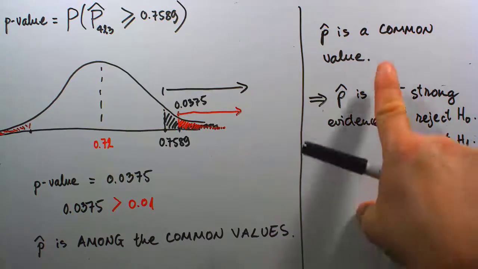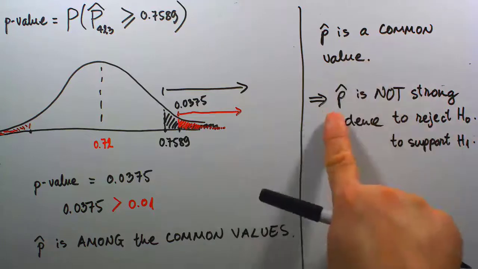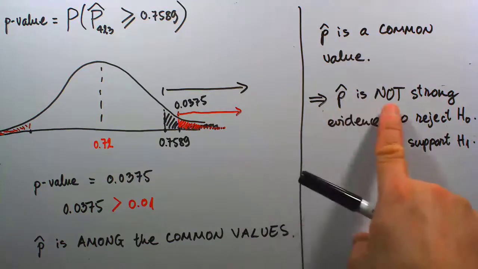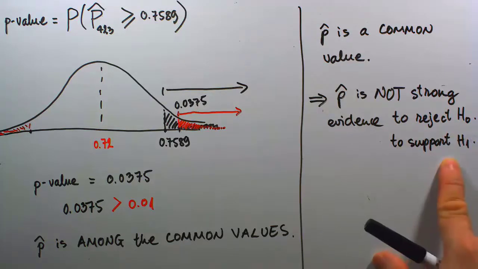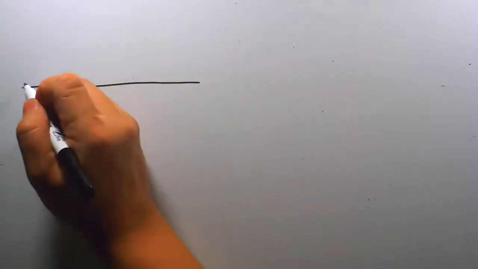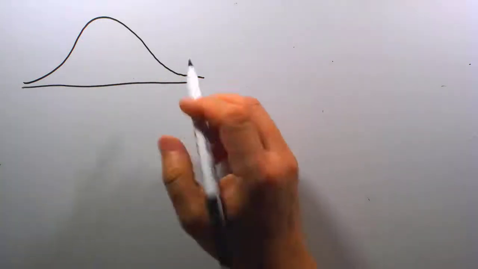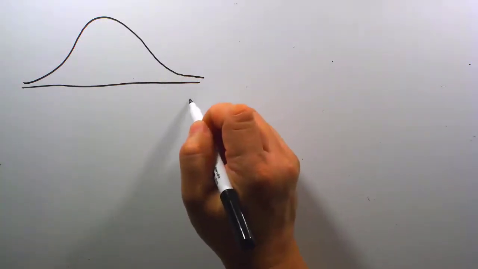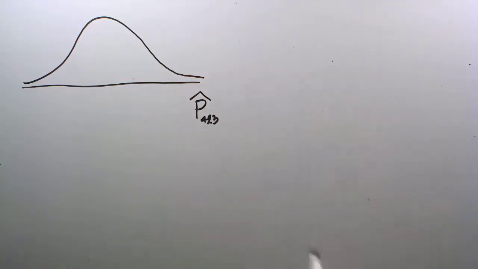And so why is it that p hat being a common value leads to p hat itself not being strong evidence to either reject H sub 0 or to support H1? To answer that, again, think of the bell curve representing the distribution of all sample proportion values at size 423.